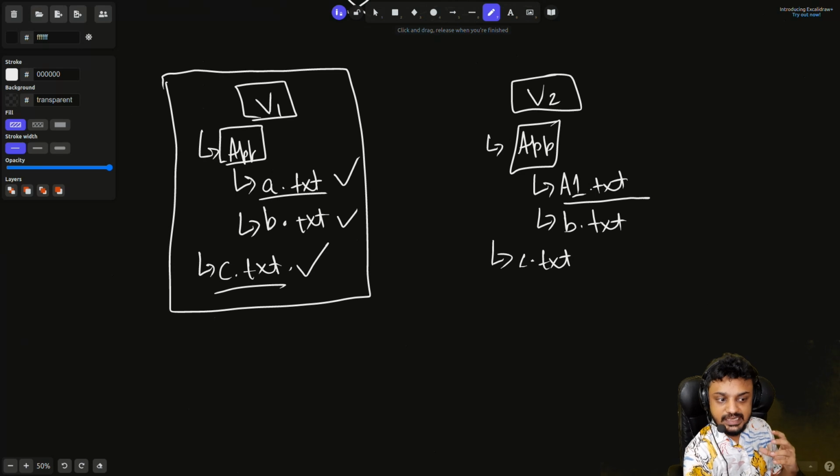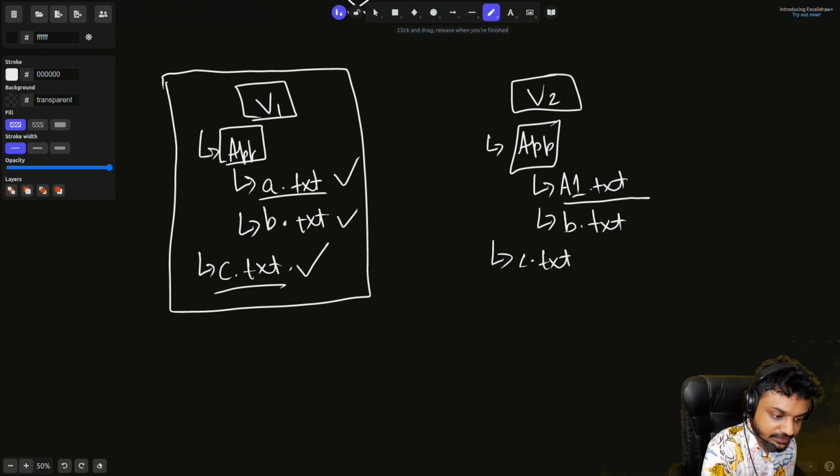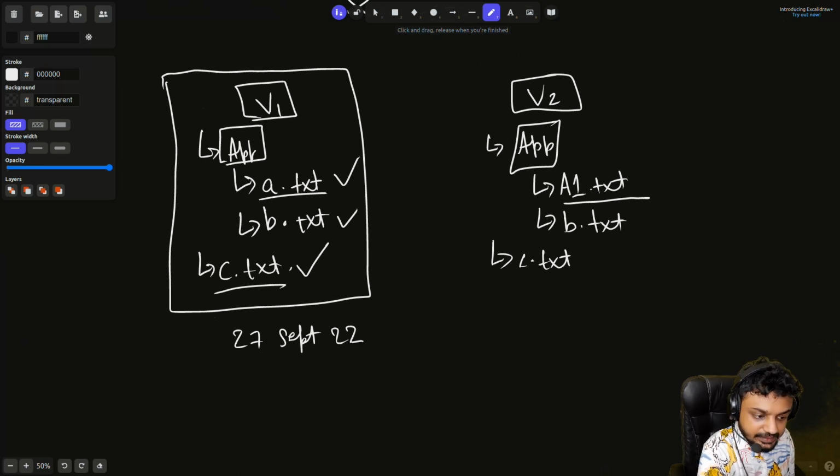And a snapshot is like a picture of what the files look like, what's there inside the file and what it usually looks like, and it creates a reference to that snapshot, right? Like at this point of time, on 27th of September 2022.